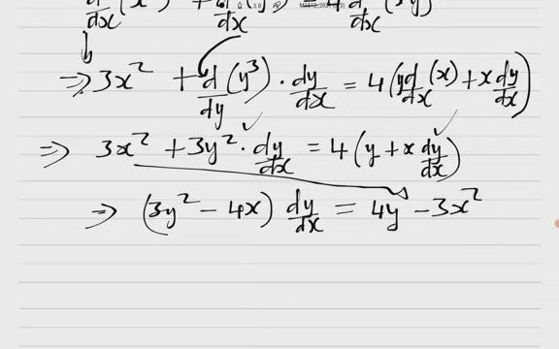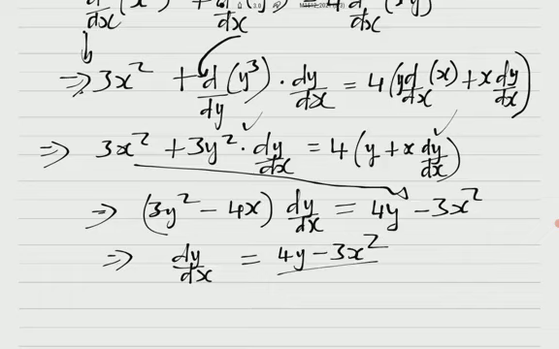And then you can straight away get the derivative. That means dy dx is nothing but 4y minus 3x squared over 3y squared minus 4x, provided 3y squared minus 4x, which we are dividing with, is different from 0.